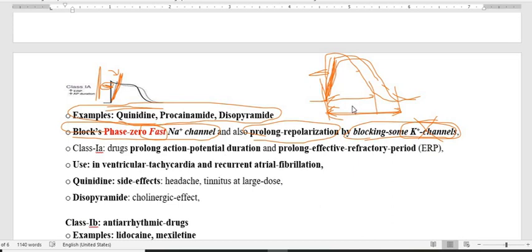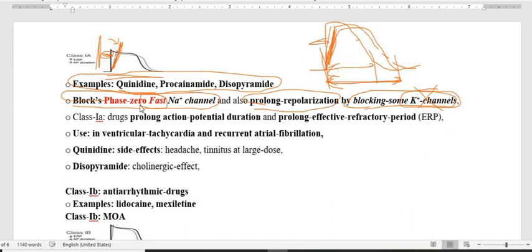Therefore it increases the action potential. So quinidine, procainamide, and disopyramide are 1A drugs blocking phase 0 and also blocking the potassium channel. Therefore, they prolong the action potential as well as the ERP, the effective refractory period. Here is the effective refractory period.